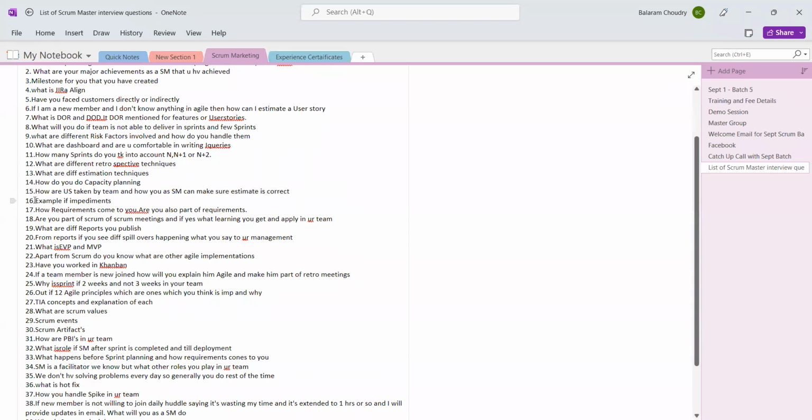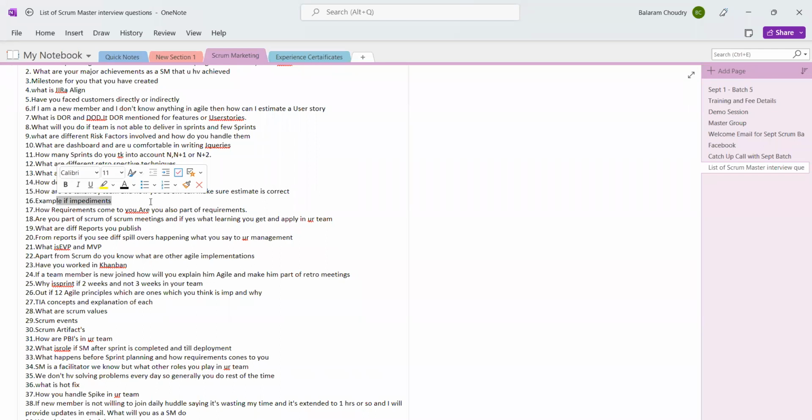Understood. Example of impediments, yes, we know the impediments. Impediment could be somebody's access getting revoked, or somebody suddenly going on emergency leave, or test data not being available. There is a need to set up the test data in a lower region and another team is not ready to set it up, or there are dependencies or confirmations from a vendor.